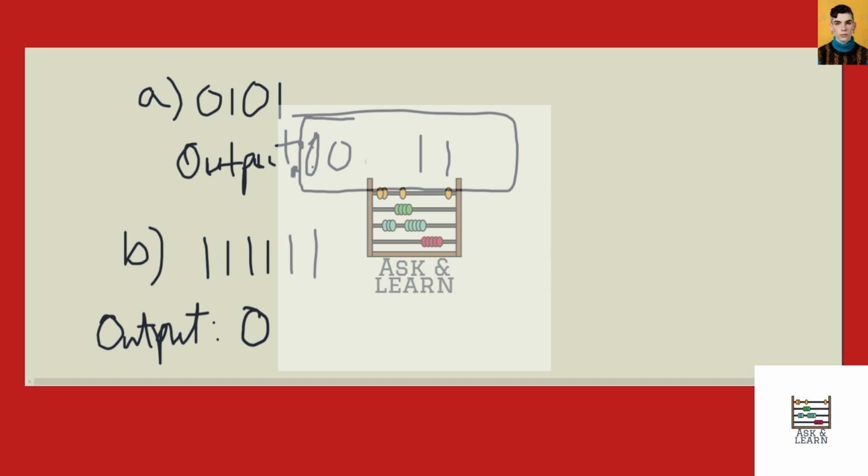My mistake. It should have been a 0, 0, 1, 1 before. This is going to be 1, and now we see that our second input is a 1. This is going to move us from state S2 to state S1, and our output is going to be a 1.